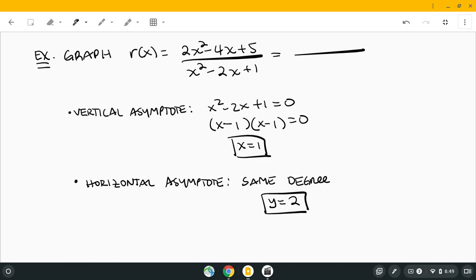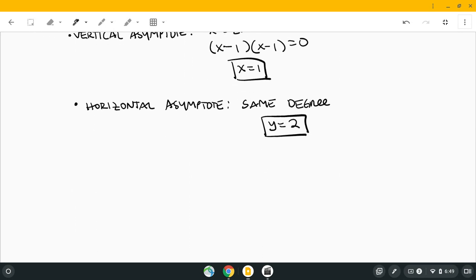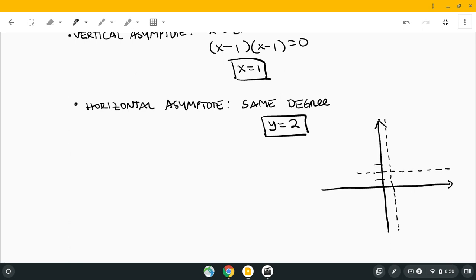Okay. All right. I'm going to go ahead and do the graph over here. All right, so we have x equals 1. We have a vertical. Y equals 2. We have a horizontal. Okay, and now we need some points.